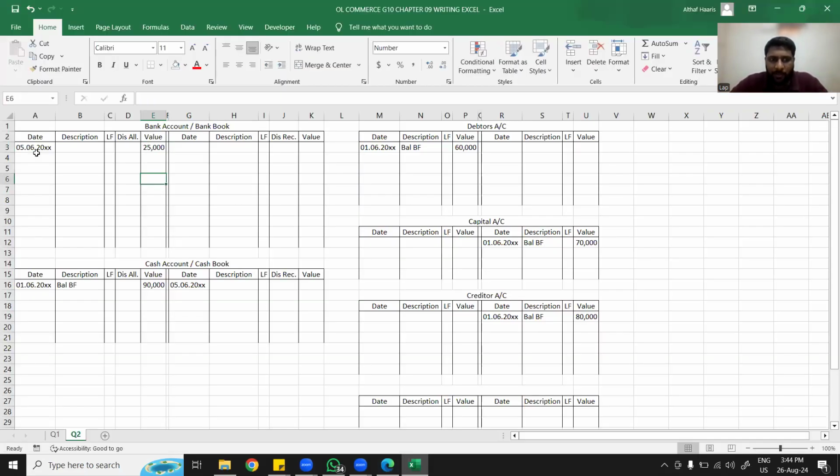Money is going to the bank, so bank debit. Cash is decreasing, so cash credit. Here you can write bank, here you can write cash.